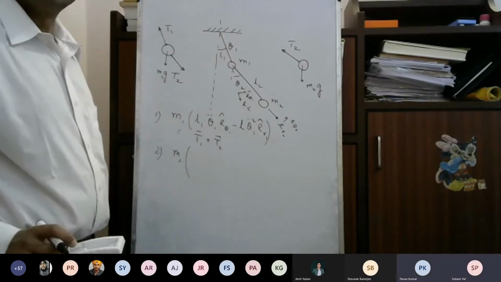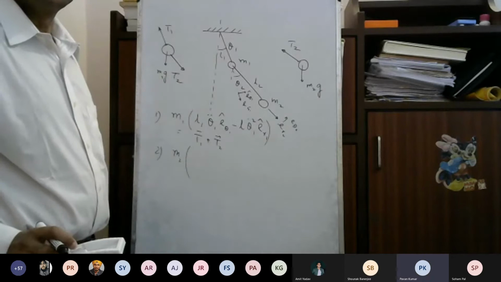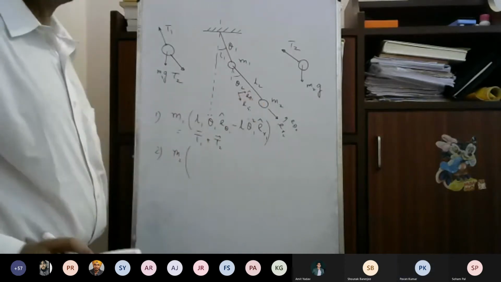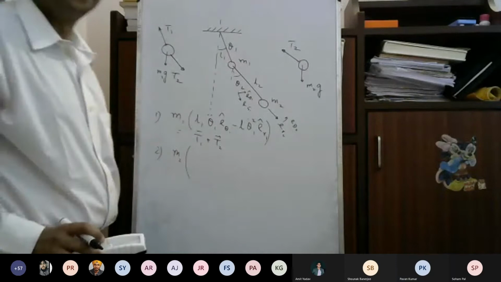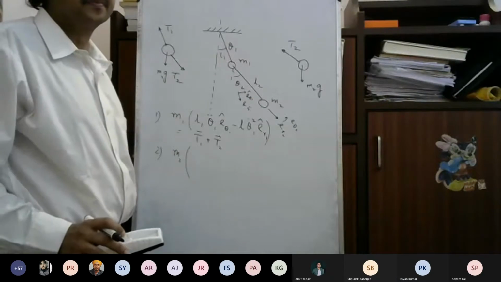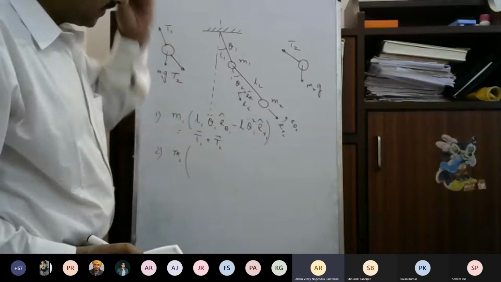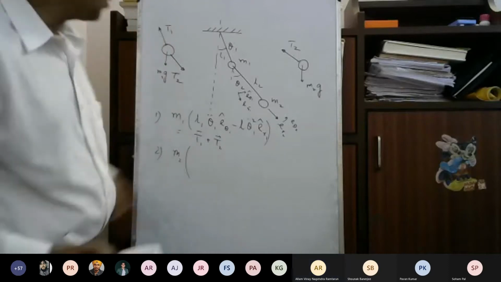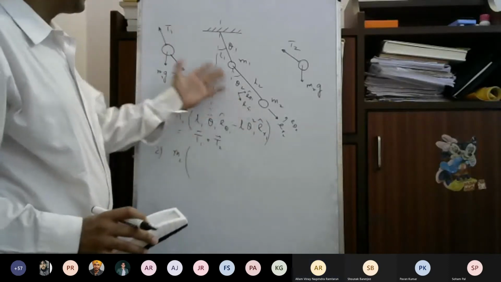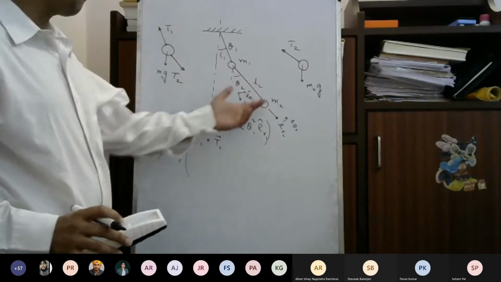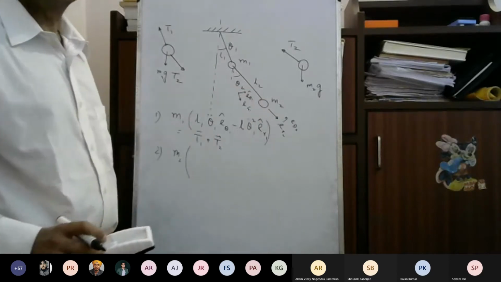The acceleration of m1 plus the relative acceleration between those two. How to represent in this vector form the acceleration of mass m2?